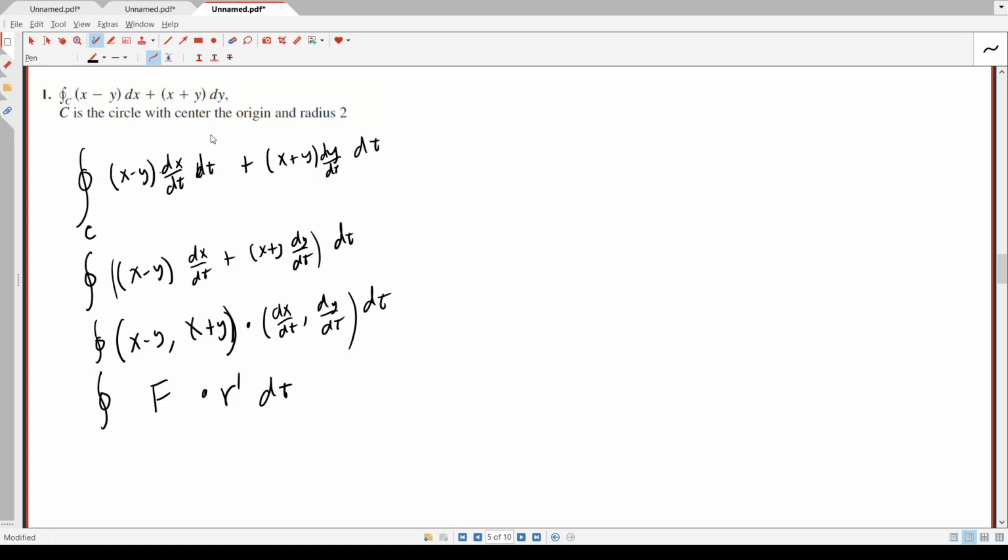So this is just another notation for writing f dot r prime, or f dot dr. It's just another way of writing the same thing. So everything still applies. These are the components of f. This is going to be my p. This is going to be my q.